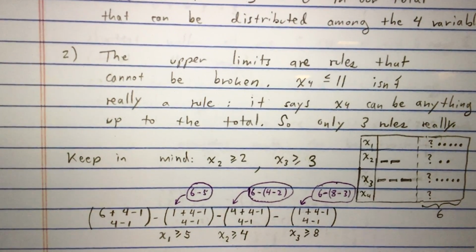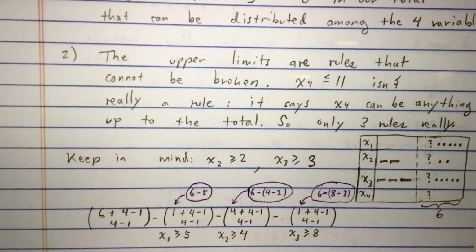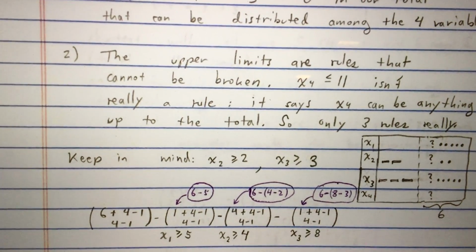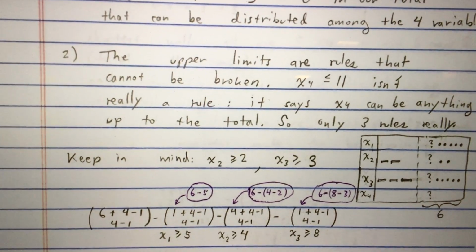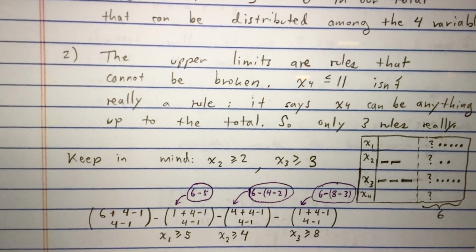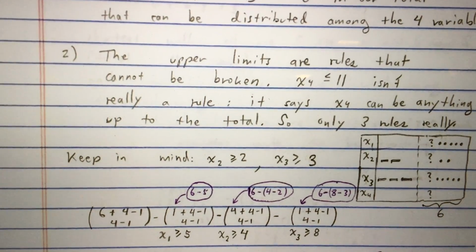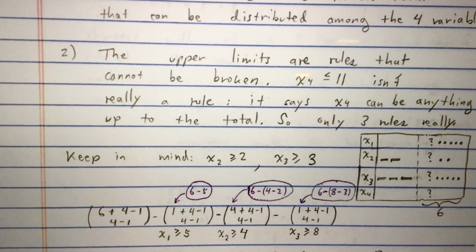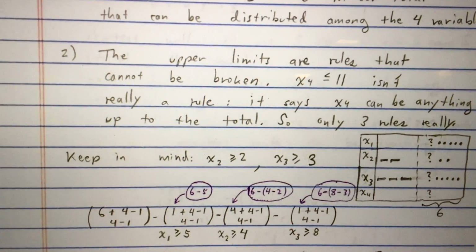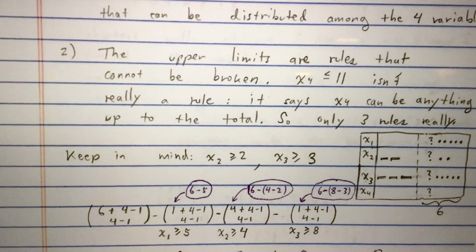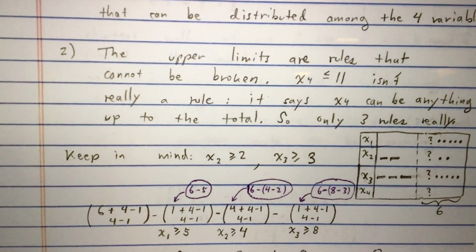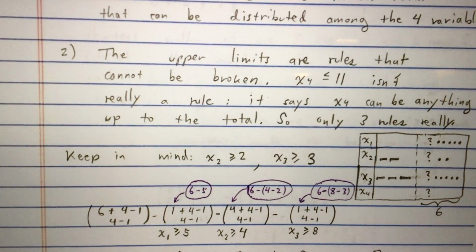Then for variable x2, I want to break that rule and put 4 in x2. Now that really just means putting 2 more because I've already got 2 there. So then what I'll be left with is 6 minus 2, or 4, and then plus 4 minus 1, choose 4 minus 1. So you'll notice the only thing that's changing is that first number.